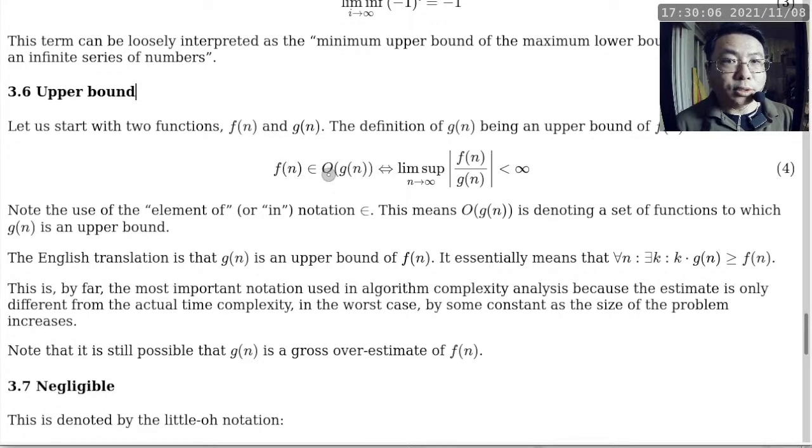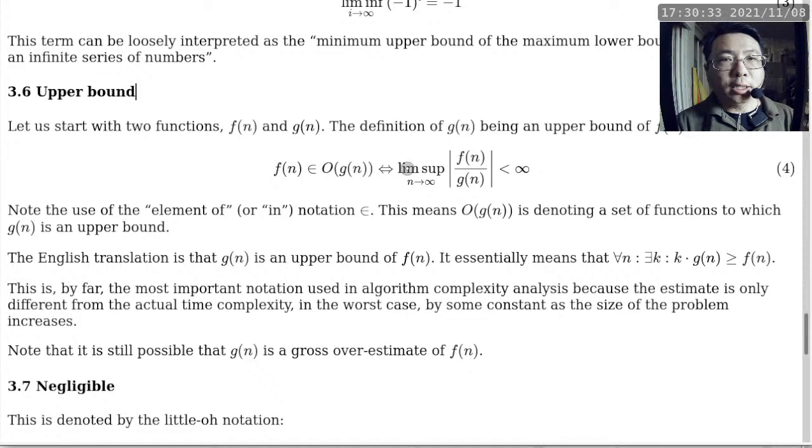The way we define big O notation is f of n divided by g of n, and you take the absolute value of that, and then we use lim sup. So lim sup is kind of just saying the minimum of all the maximums, and when we say the maximums, we are basically saying, let's find the maximum starting at different places of the sequence. That's how we got all the maximums.